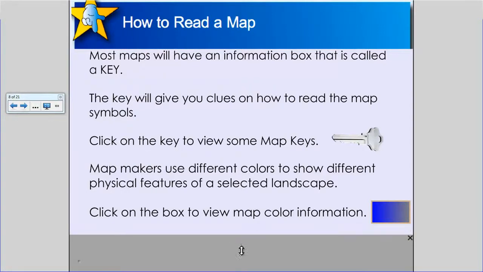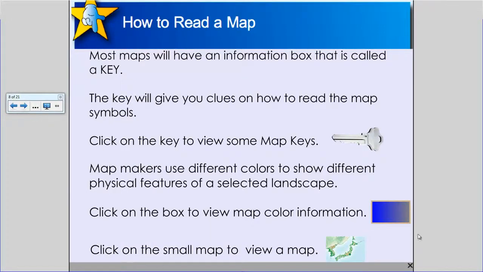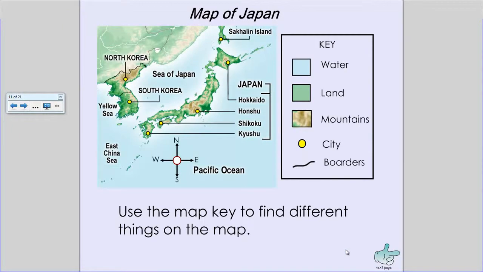And then when you go back, you can pull your curtain all the way down, and here you can click on a small map. And this just gives the children practice. The objective of this page is to give them practice using the keys. So as a teacher, you can have them look at the key and identify different bodies of water.